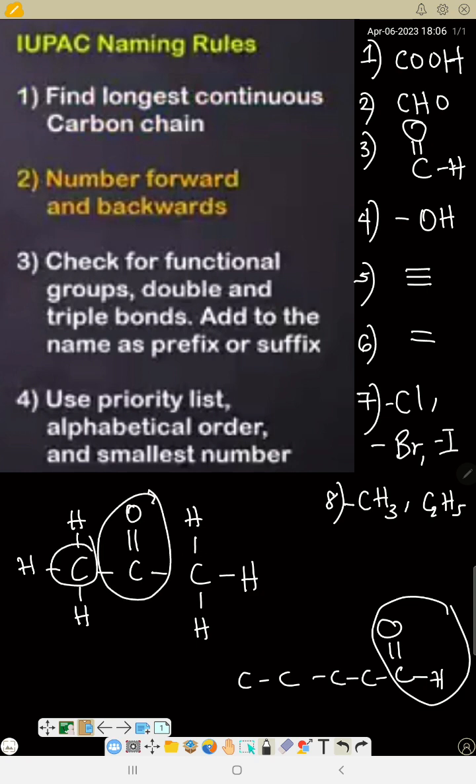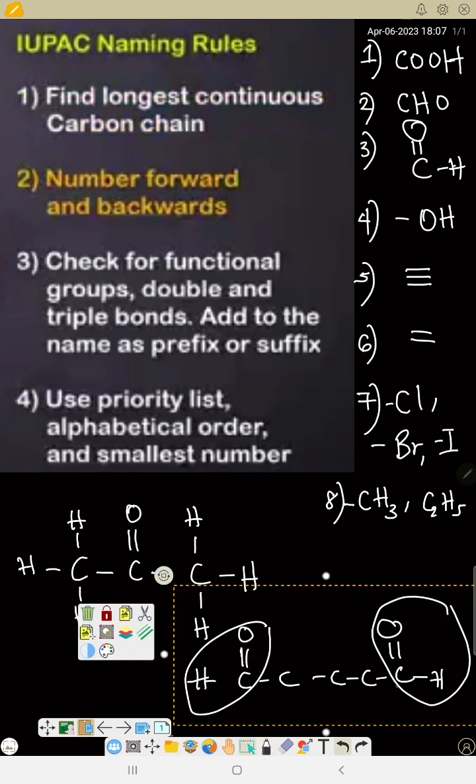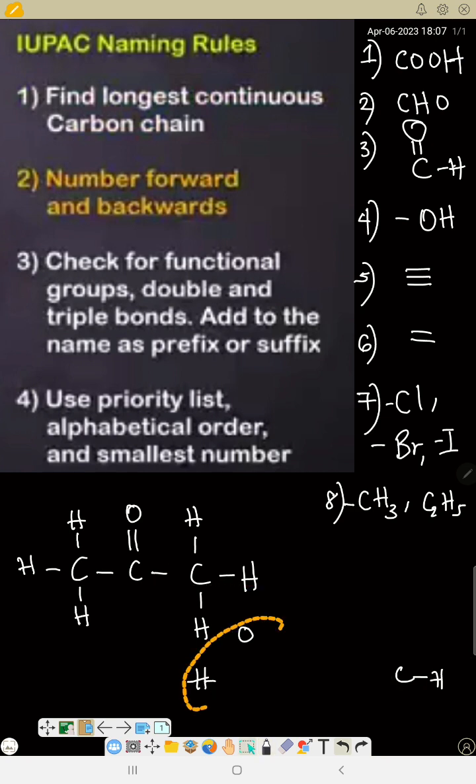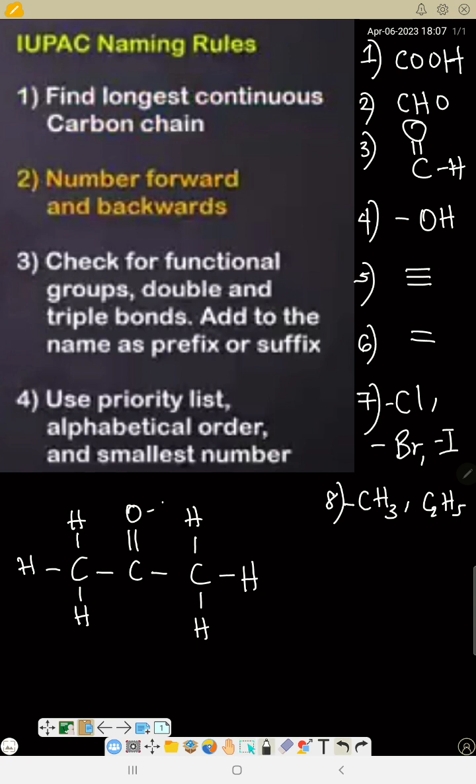You have at least one carbon that is after the O. So if the O is at the end, either here or here, it is an alkanal, and that is why we name this one pentanal.